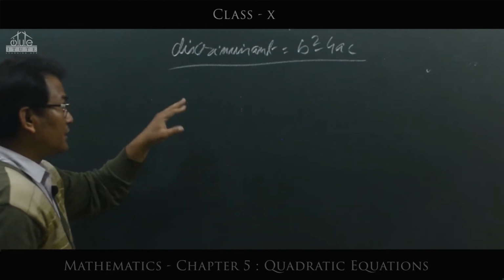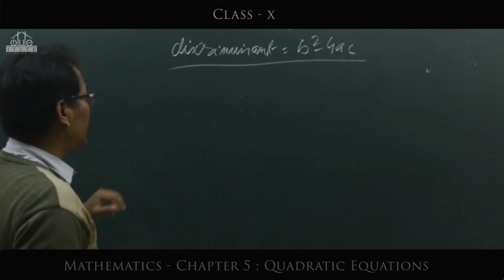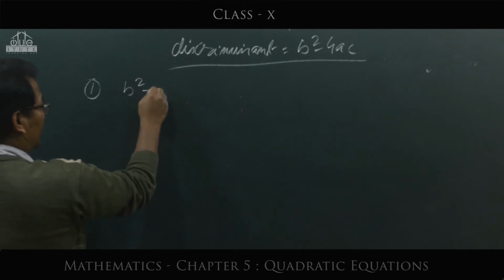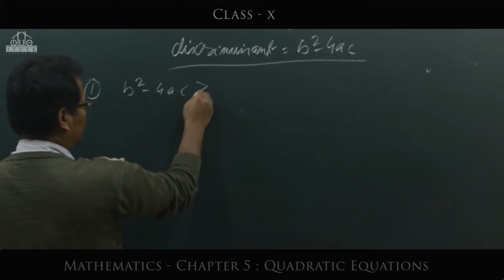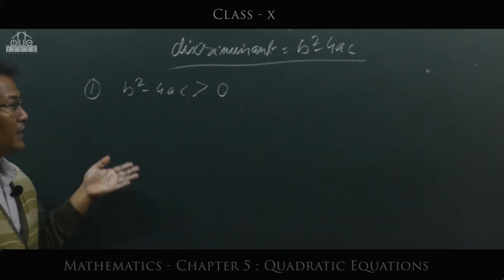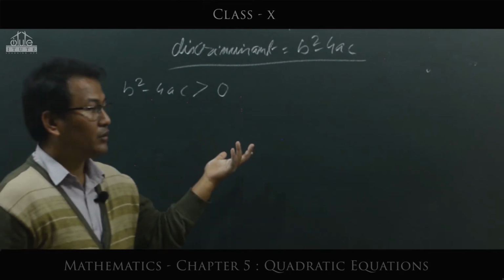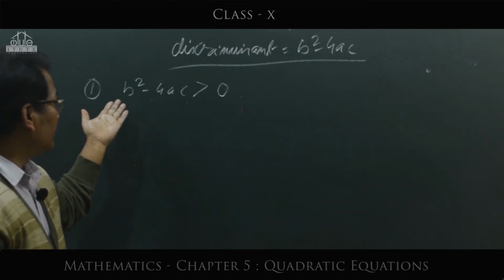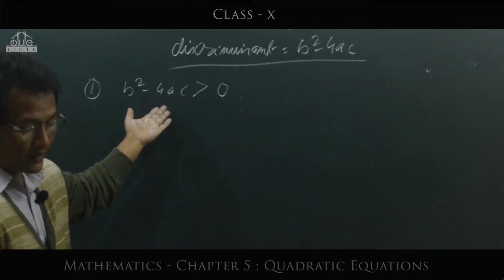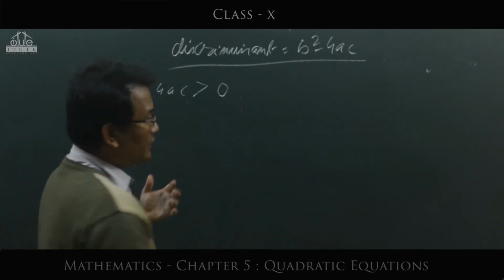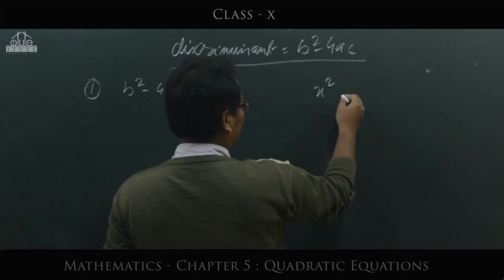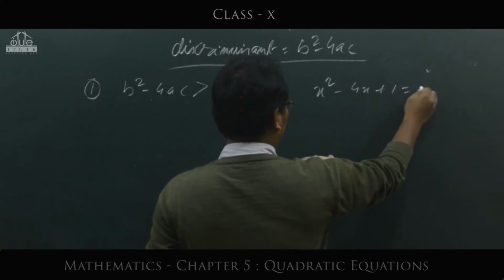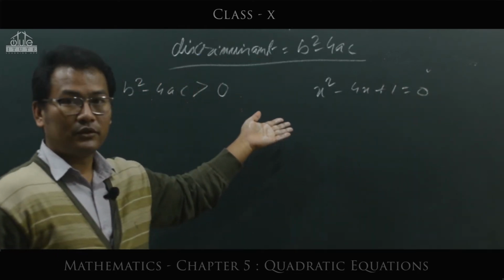So using this b square minus 4ac, I can say, first case, if b square minus 4ac is greater than 0. Say for an example, I have a quadratic equation x square minus 4x plus 1 equal to 0. So what will be the nature of these roots?